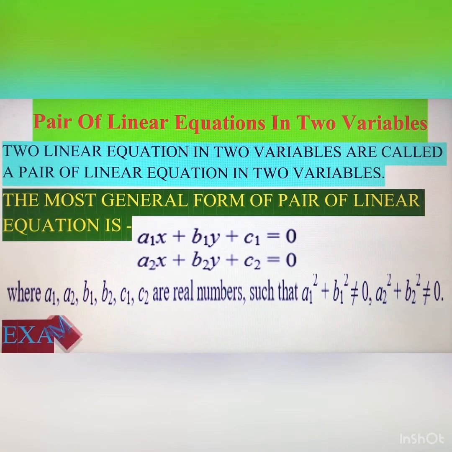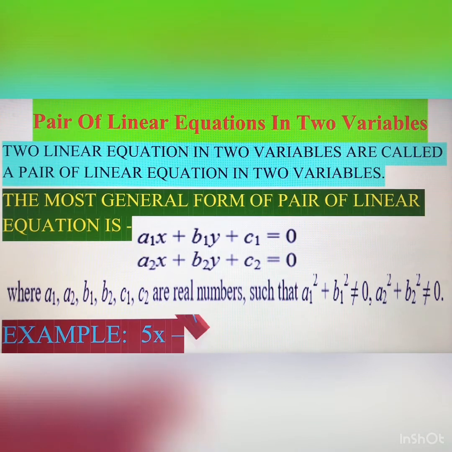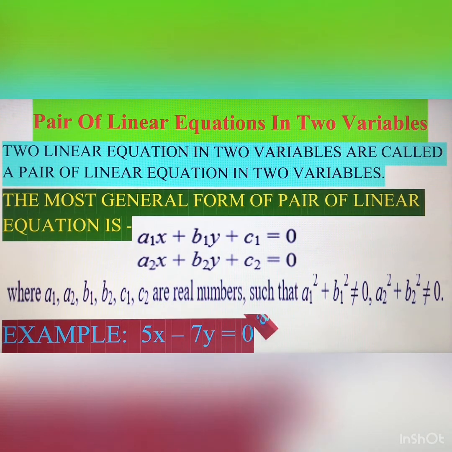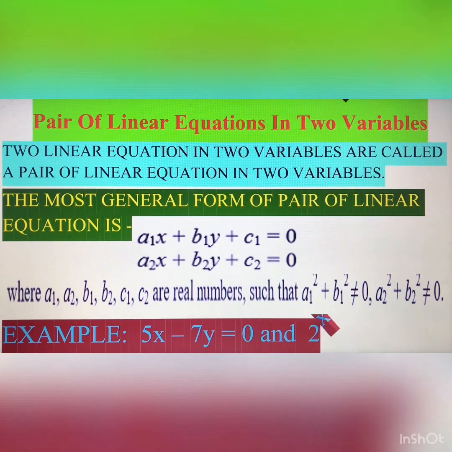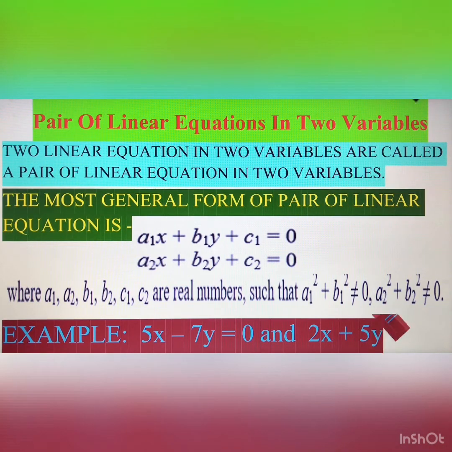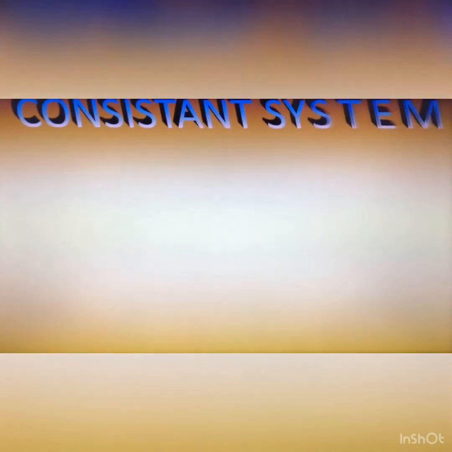For example, the first linear equation is 5x minus 7y equal to 0, a linear equation of two variables, and 2x plus 5y equal to 0. Therefore these two equations are known as a pair of linear equations in two variables.